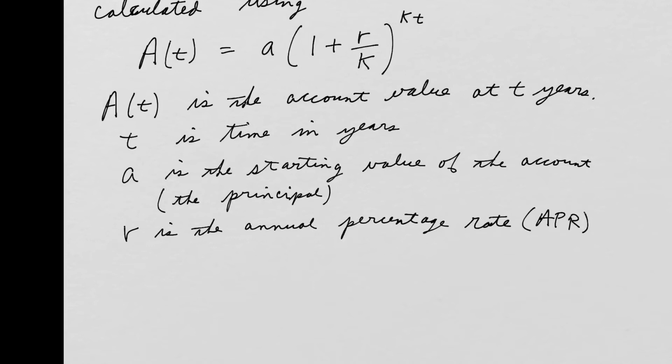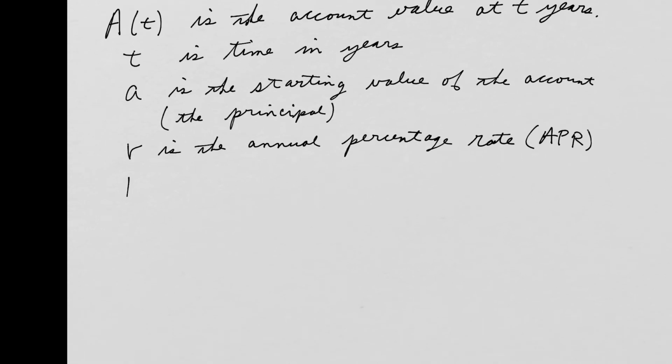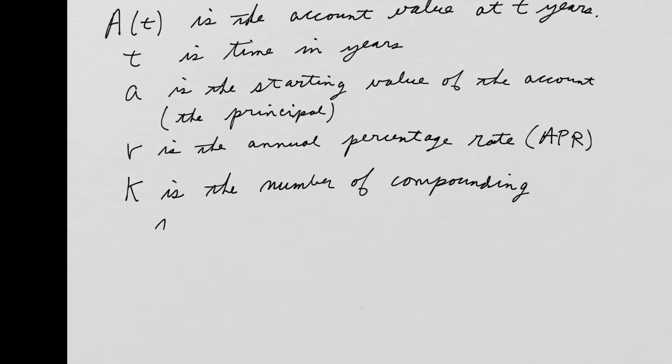And then k is the number of compounding periods per year. For instance, if an account is compounded quarterly, then k would be 4, right? It's compounded 4 times per year. If it's compounded monthly, k would be 12, and so on.